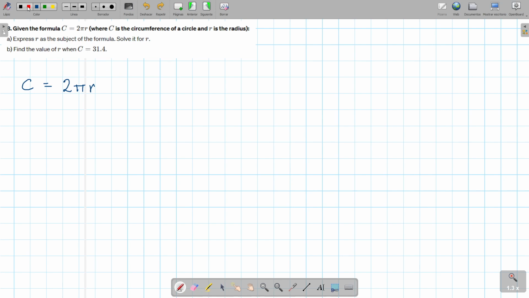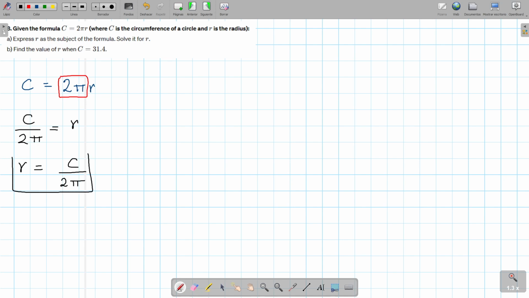So, as you can see, these two numbers, because pi is a number, remember, what they are doing to the r, to the radius, they are multiplying. So what I'm going to do is pass them to the other side. What is the opposite operation for a multiplication? Division. So as you can see, the radius will be the circumference over 2 times pi.